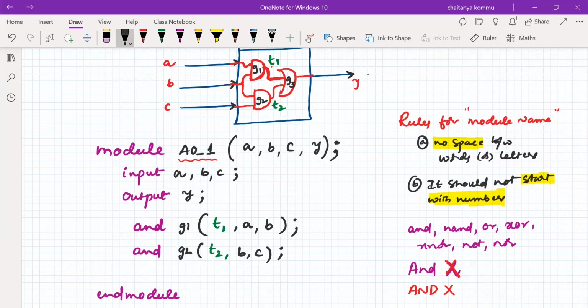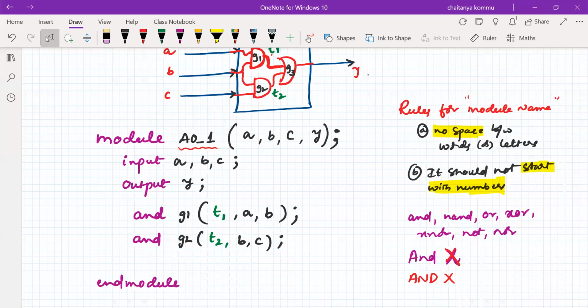Like this, the third and last gate is the OR gate. This is called G3. What is the output? T3. Sorry, is T3 required or not? Can anyone tell me? Is it necessary to write T3 for the output of the OR gate?